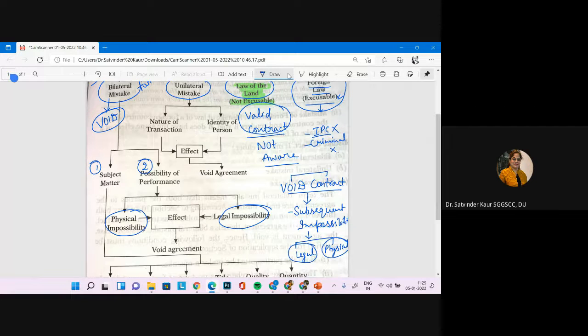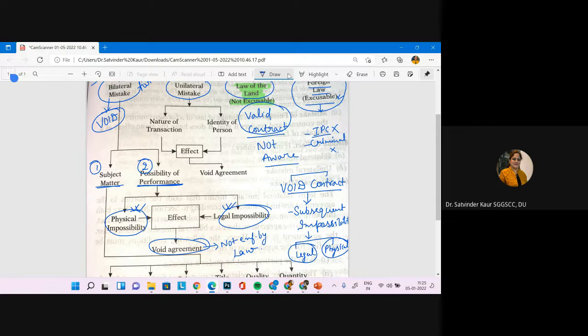by law. But here when we talk about the void agreement, तो void agreement means कि जिस टाइम हम कॉन्ट्रैक्ट कर रहे हैं उसी टाइम वो पर्टिकुलर सब्जेक्ट मैटर एग्जिस्ट नहीं करता. Either that subject matter does not exist physically or there are certain legal restrictions with respect to that subject matter. तो उस केस के अंदर वो अग्रीमेंट void हो जाएगा. Void agreement means not enforceable by law at all.